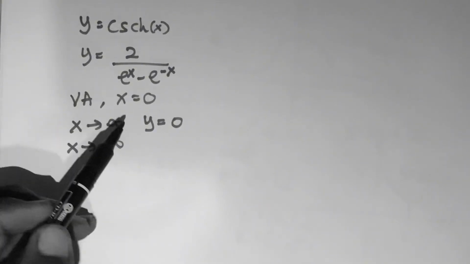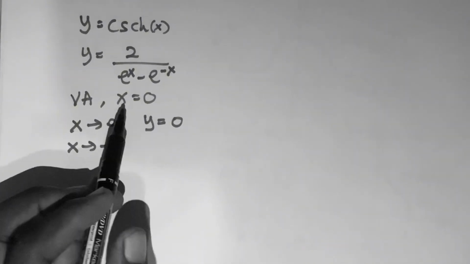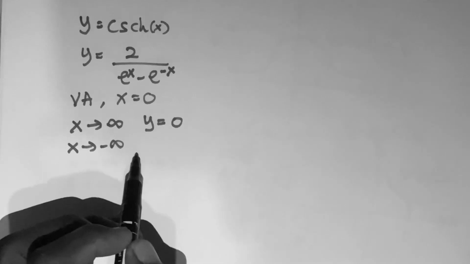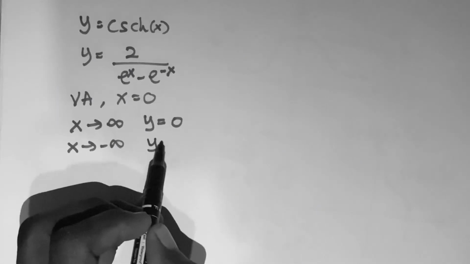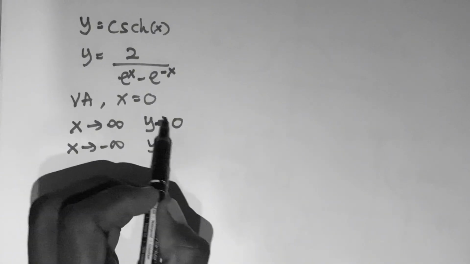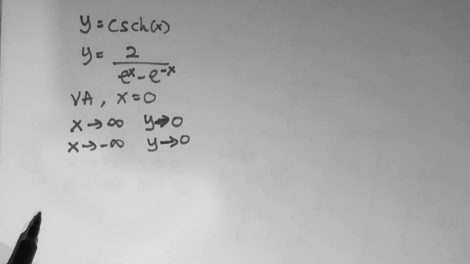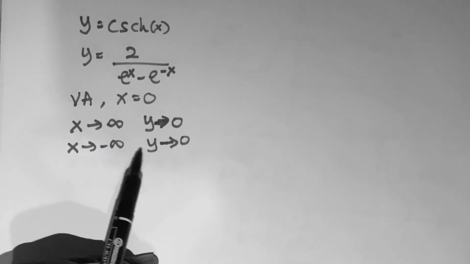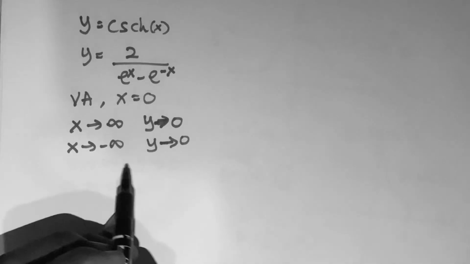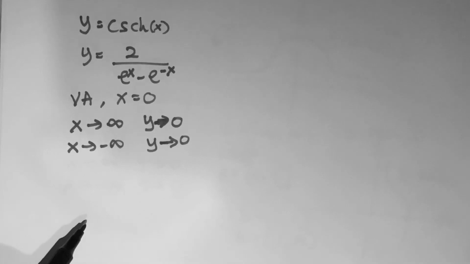So 2 divided by minus infinity, y will also approach 0. Therefore, since y approaches 0 but is not 0, the x-axis and the y-axis are asymptotes.